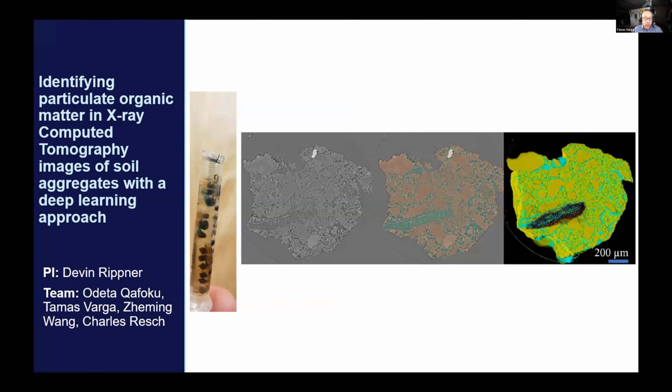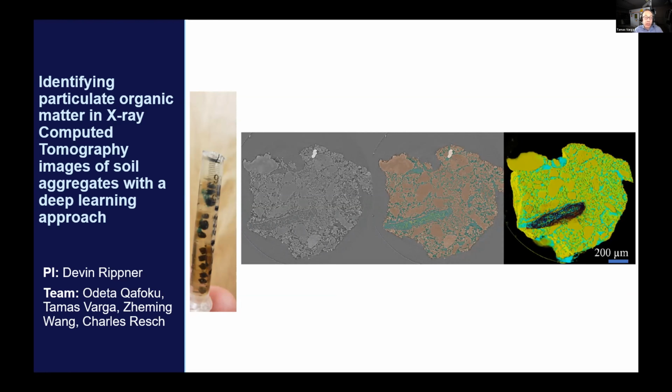This example is actually one that builds on this, but looks at even smaller aggregates. This is a user project by Devin Wickner, who develops machine learning aided segmentation to visualize and characterize particulate organic matter in soil aggregates.